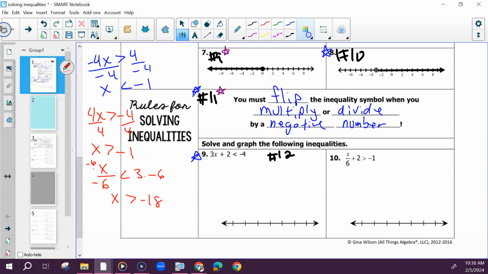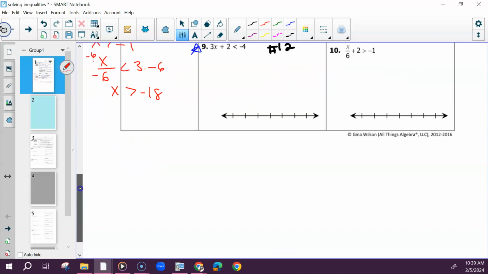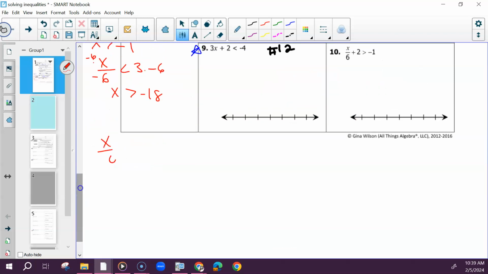But if the 3 was the one that was negative, it would not change the sign. Yes. If they're both negative, regardless, you're multiplying or dividing by a negative, so the sign will still change. This will become a positive, but the sign will still change.